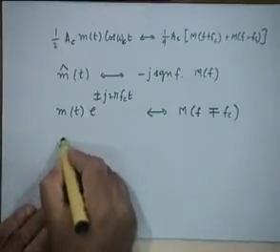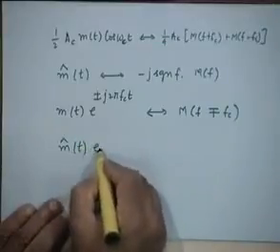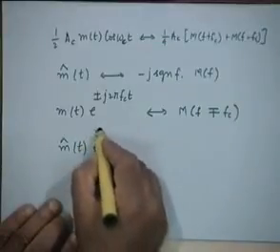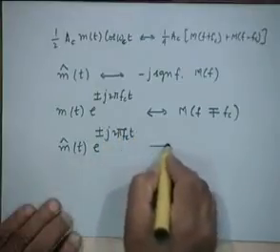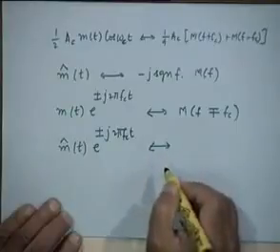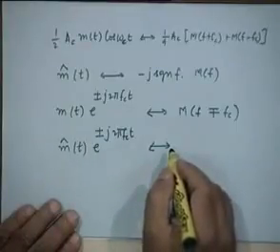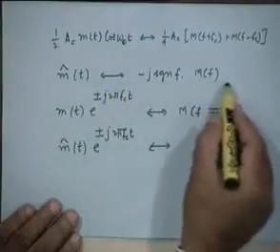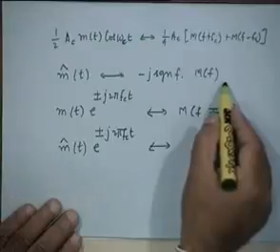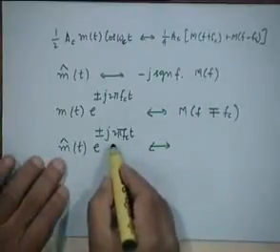Similarly, now if I look at m hat t e to the plus minus j2 pi f sub ct, can you tell me what this will be equal to? Given that m hat t has this Fourier transform, or first let's talk about the frequency translation.